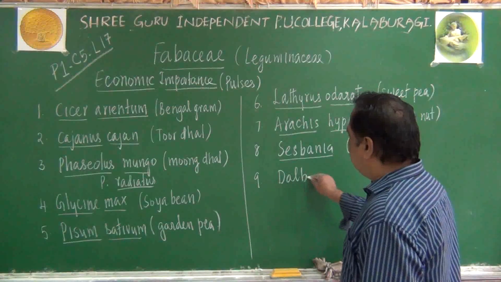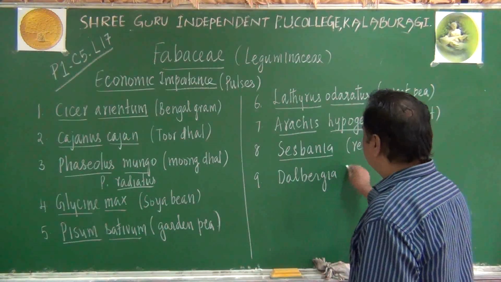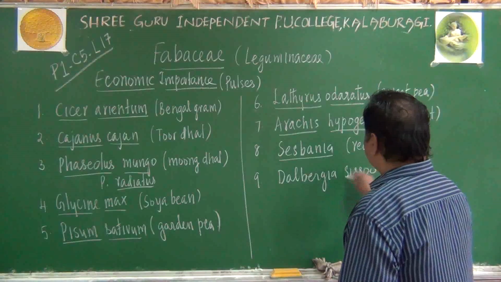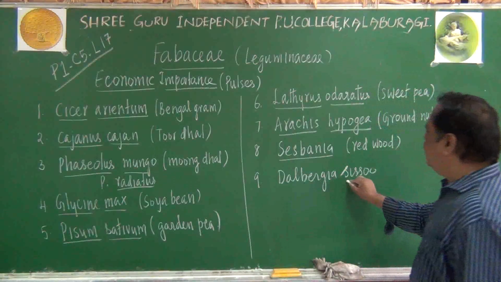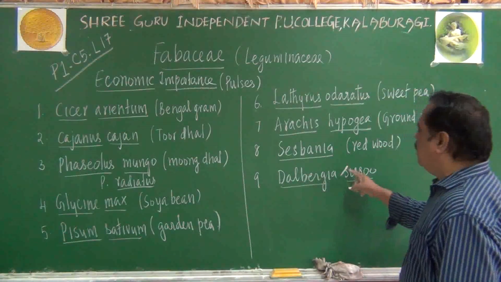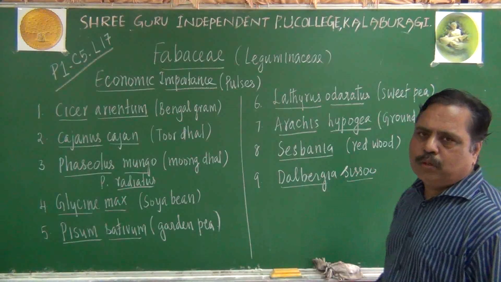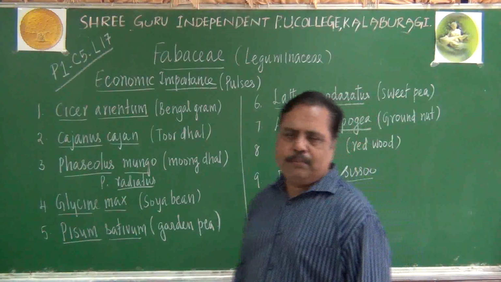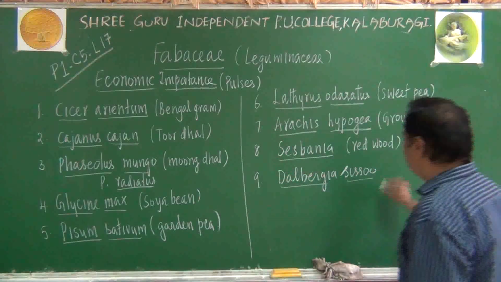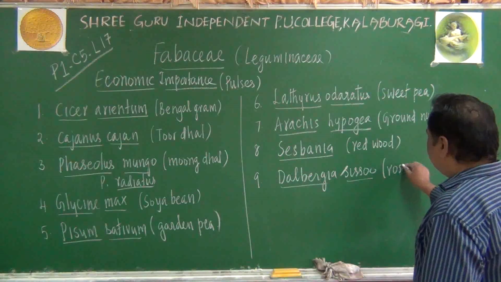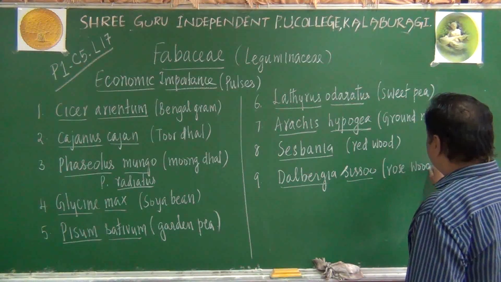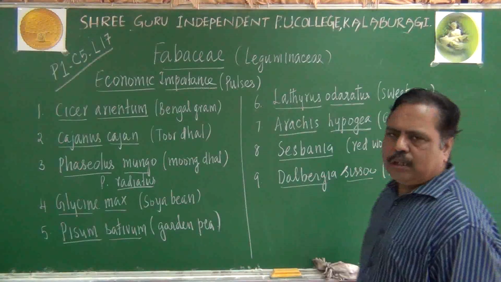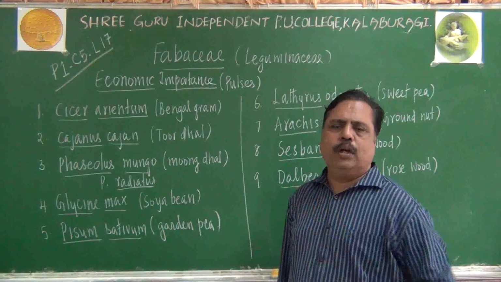Dalbergia sissoo, it can be called. Remember, species name must be written with a small letter and genus name should start with a capital letter. Dalbergia sissoo is Indian rosewood, you can check it in your notes also, we have given you all these things.